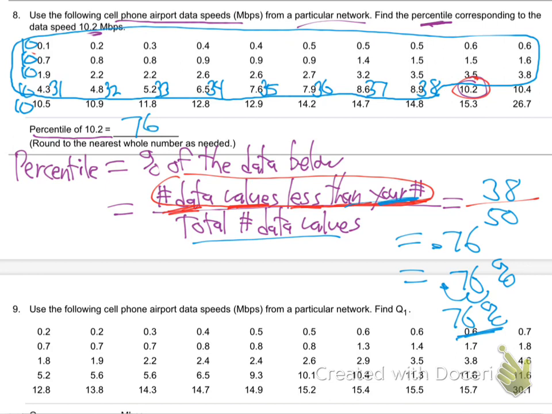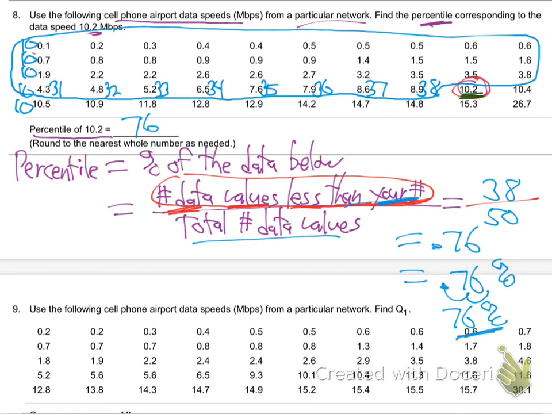What does that even mean? That means the number 10.2 is 76% of the way through the data set. That's what percentile means. What percentage of the way through the data set is that value?